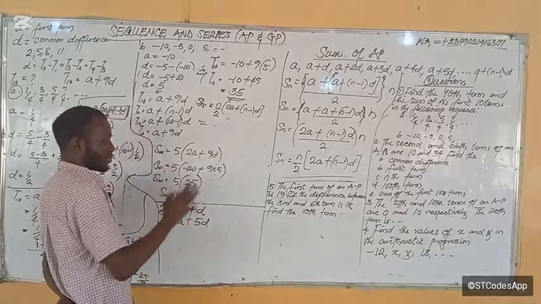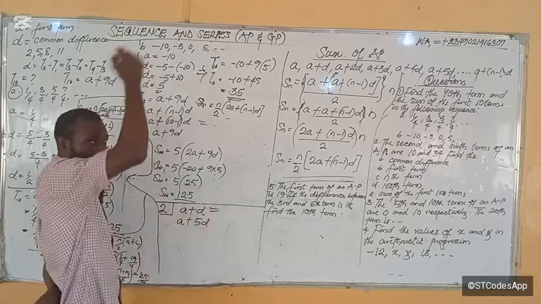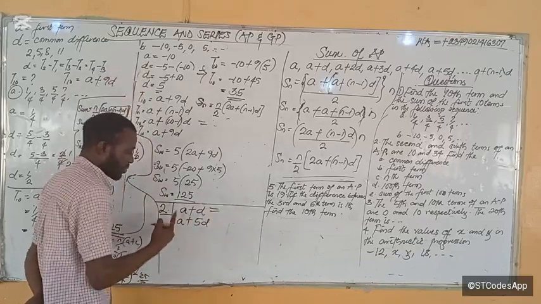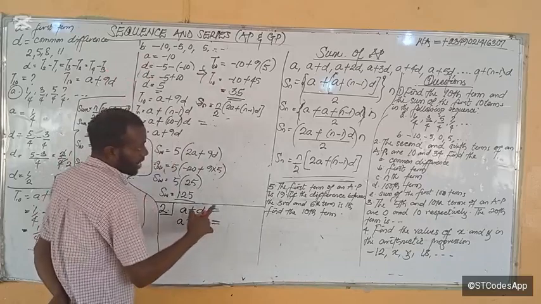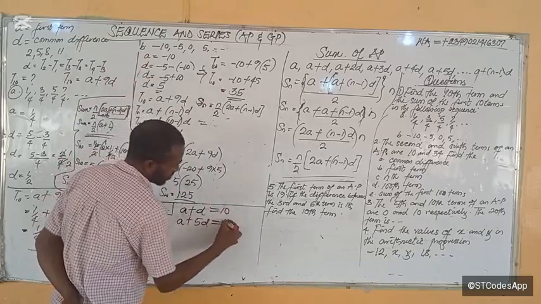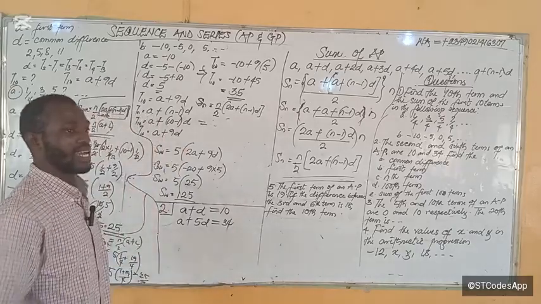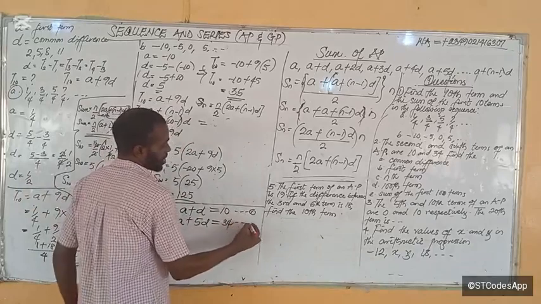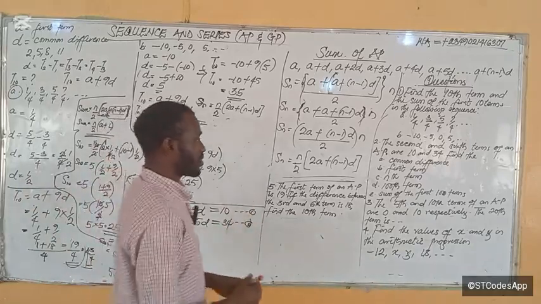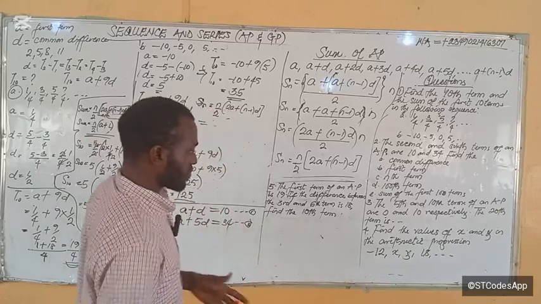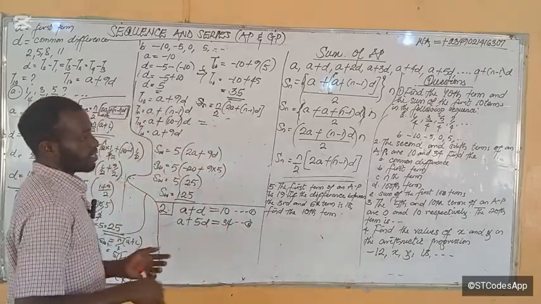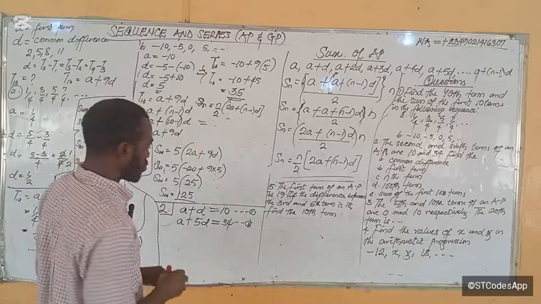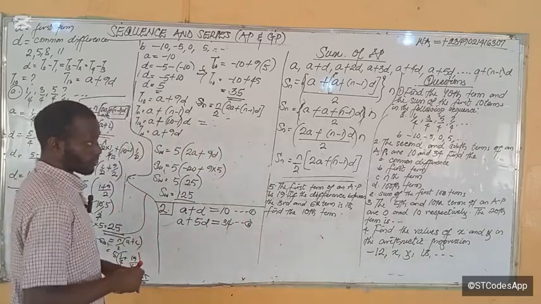Second term, a plus d, from what we got in the beginning. Sixth term, a plus 5d. They are what? 10 and 34. You see, already I've made my simultaneous equation out of it. Do you understand now? Without doing much, I've already made a simultaneous equation. Now, find the common difference, the first term, the nth term, the 100th term, and the sum of the first 100 terms. So it's very simple.